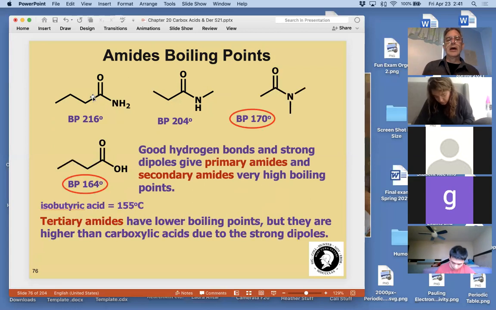And here is the amide, 170. This amide that cannot hydrogen bond is higher boiling than a somewhat comparable carboxylic acid. So here's a dipole-dipole interaction that's stronger than the hydrogen bonding in carboxylic acids. Got it?